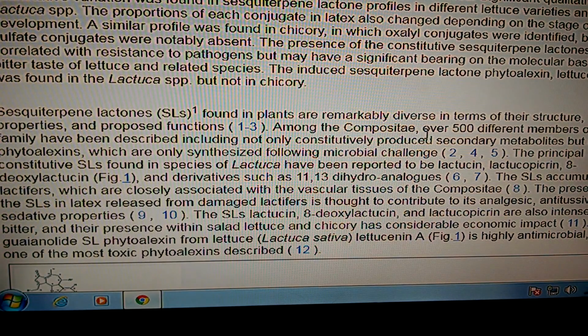Now, in these lactuca family have been described, including not only constitutively produced secondary metabolites, but also phytoalexins, which are only synthesized following microbial challenge, which means that stressing the plant increases this.